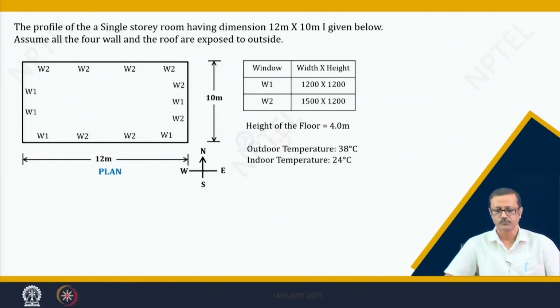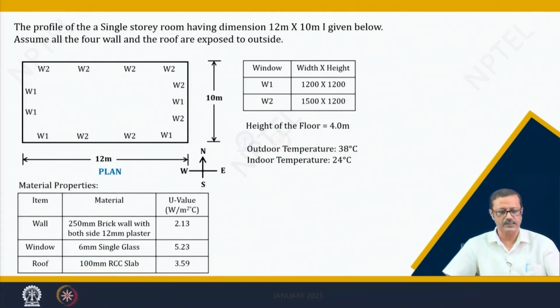The outdoor temperature is 38 degrees centigrade, let us assume for a particular time, with steady state flow, and the indoor temperature is 24 degrees. So, a temperature gradient exists, and I need to give another set of data, the U values. The U values of wall, window and roof are given as 2.13, 5.23 and 3.59.